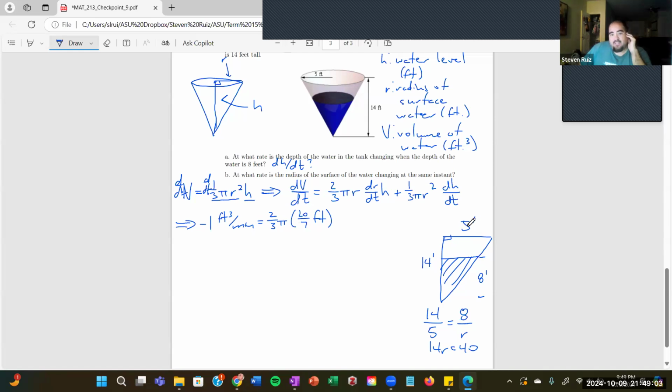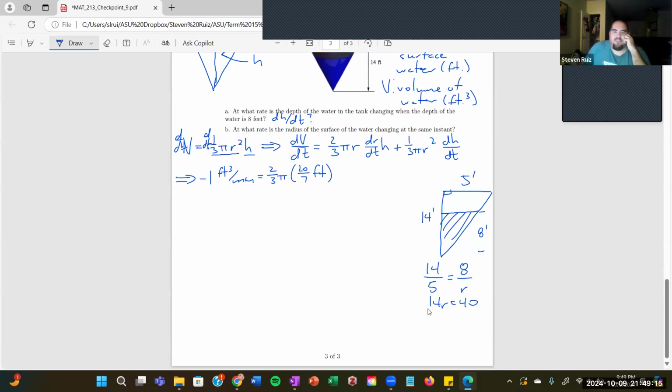The ratio of the radius to the height is 5 to 14. Let me write down what I said in words in math notation. The ratio of the radius to the height is 5 over 14, which means 14r is equal to 5h.